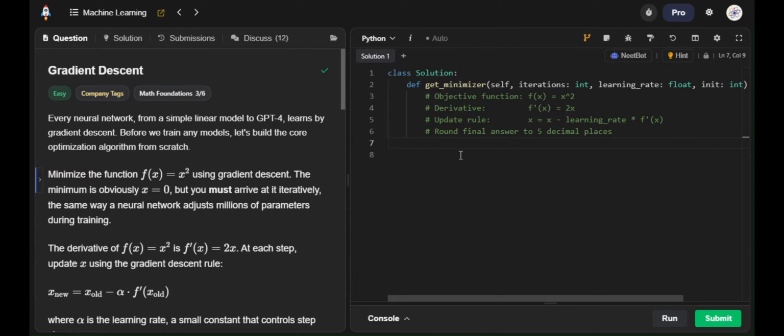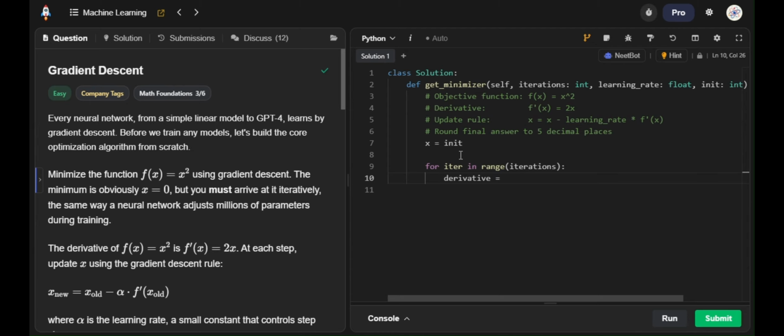So let's begin. For ease of implementation, we will take a new variable x which will be equal to the initial value of x. After that we will be running a loop which will run the iterations number of times. So for implementing that we will write for iteration in range(iterations), and also we will be calculating the derivative at each step.